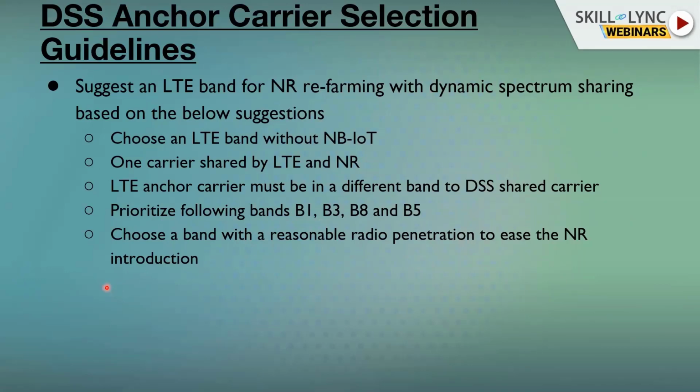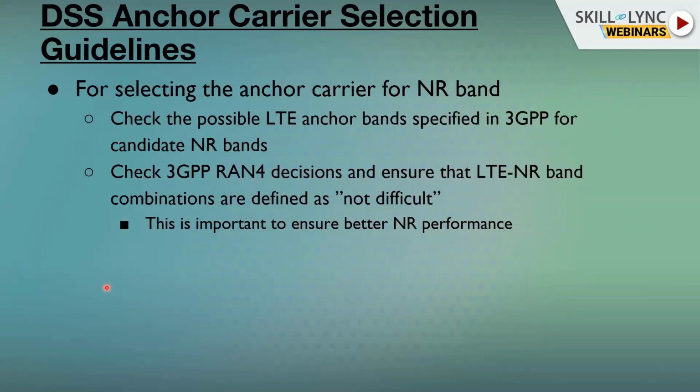Because you want this high coverage on low band, we want to make sure the radio penetration is quite good. For selecting the anchor carrier for an NR band, check the possible LTE anchor bands specified in 3GPP for candidate NR bands, and ensure that the combination works. So you need a good anchor layering strategy by your operator in order to roll out DSS.